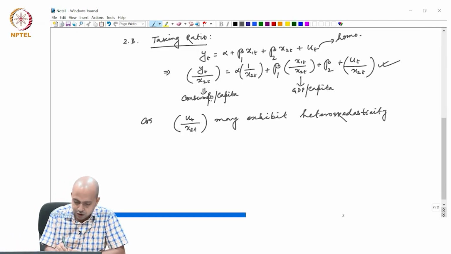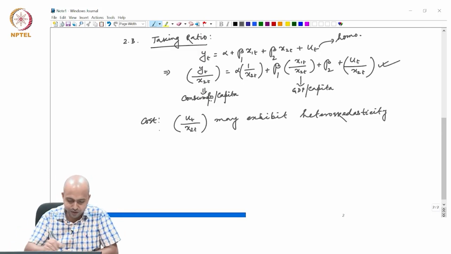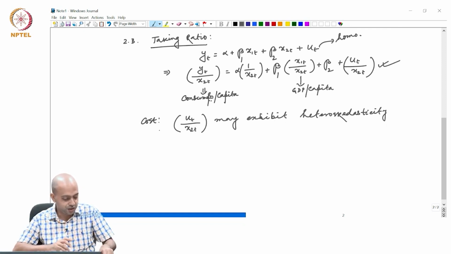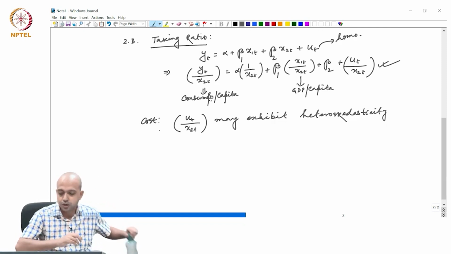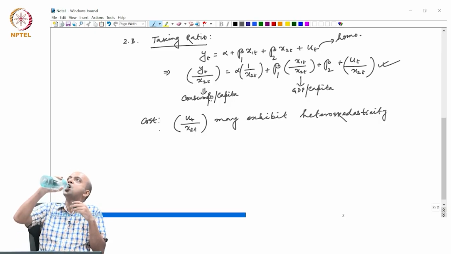That is actually the cost of transforming the variable in this format, the cost of taking ratios. So, we have to again carefully think about whether to apply this method or not.